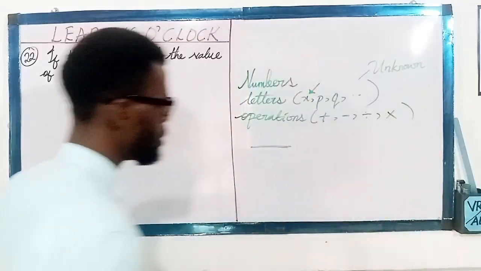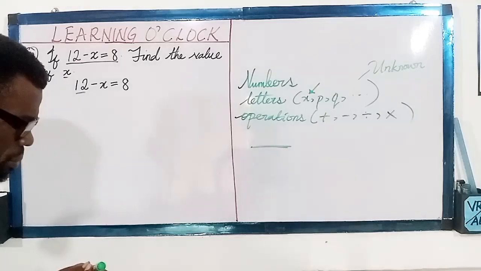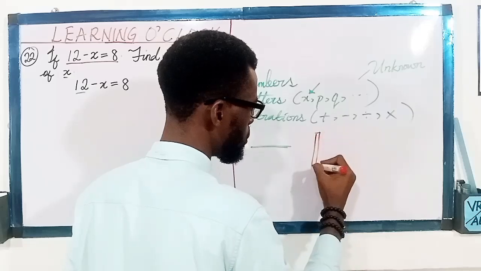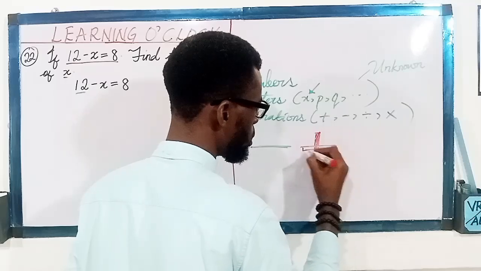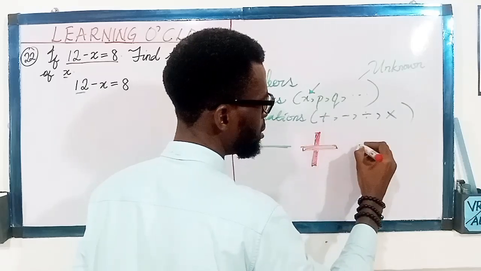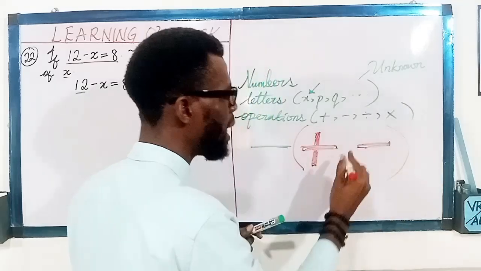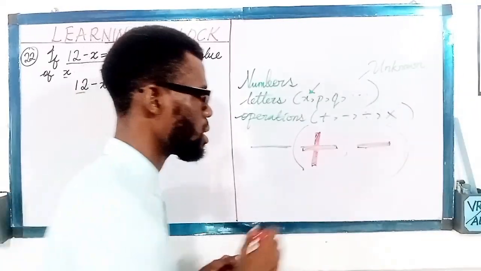Multiplication usually has this sign around. Also in an equation, plus and minus usually work hand in hand. They're buddies, they're pals, in an equation.